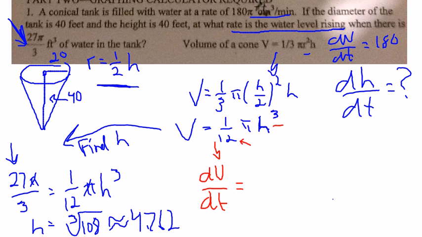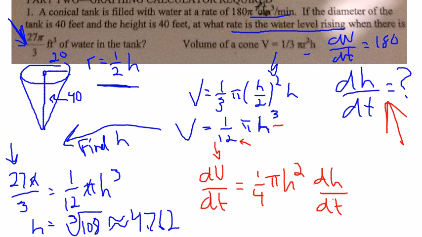So that simplifies down to 1/4. The pi stays there. h squared is the power rule on the h cubed. And then I need to do the derivative of the inside, so I get times dh/dt. Notice, boom, that is what I'm looking for.